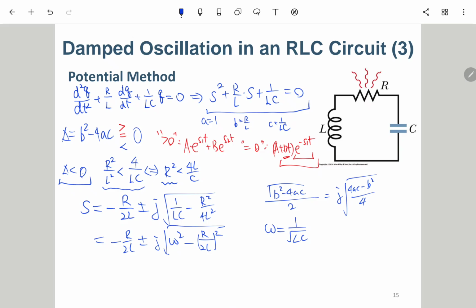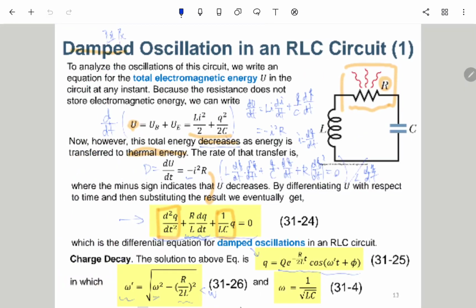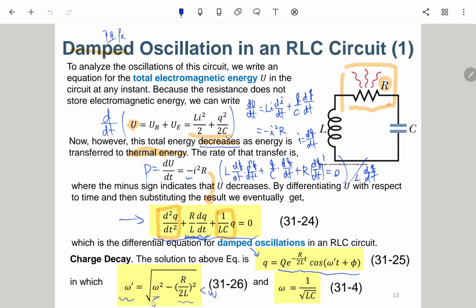You can see this is a new omega prime: omega prime equals the square root of omega squared minus the quantity R over 2L squared. That's why the natural frequency with this resistor will be smaller than the natural frequency with only the LC.